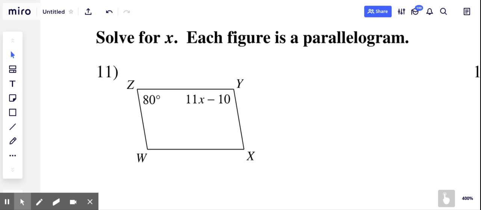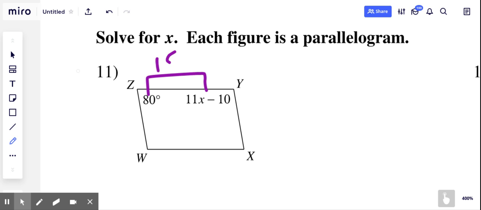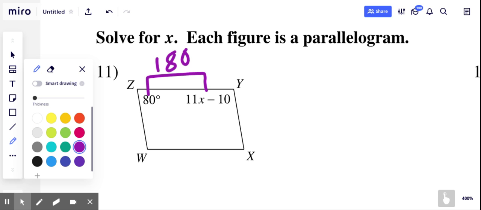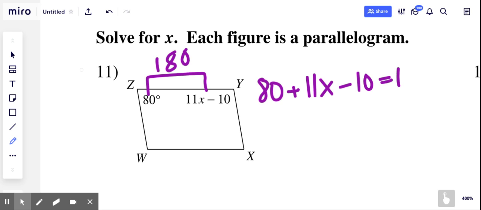These are consecutive angles, which means they add to 180. So if these add to 180, you just write an equation: 80 plus 11x minus 10 equals 180.